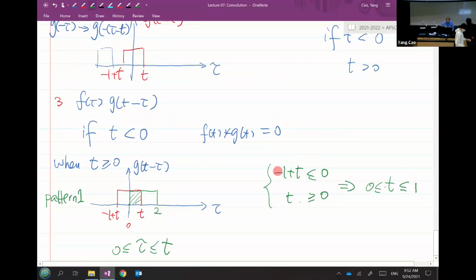Well, I'm trying to make sure that this box here, which is g of t minus tau, overlaps both sides of these coordinates. You know what I'm saying, right? So that means this edge here has to be less than 0, and this edge here has to be greater than 0. So that's what these two conditions are for.